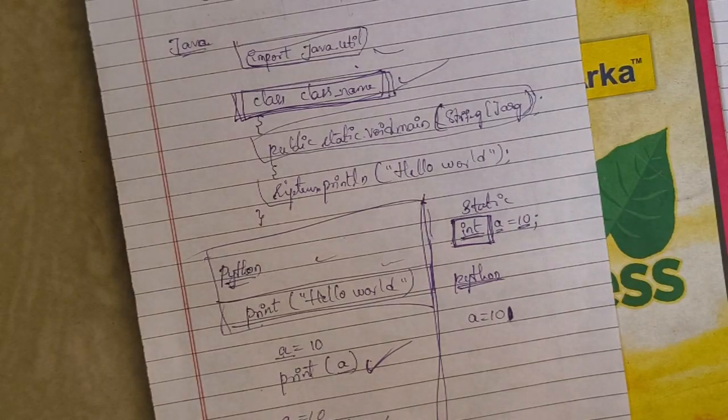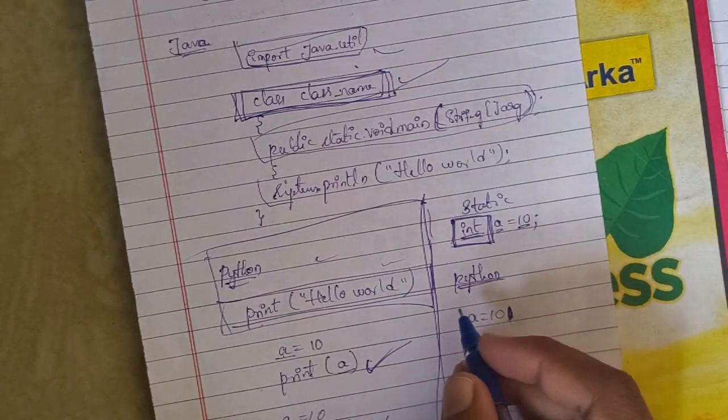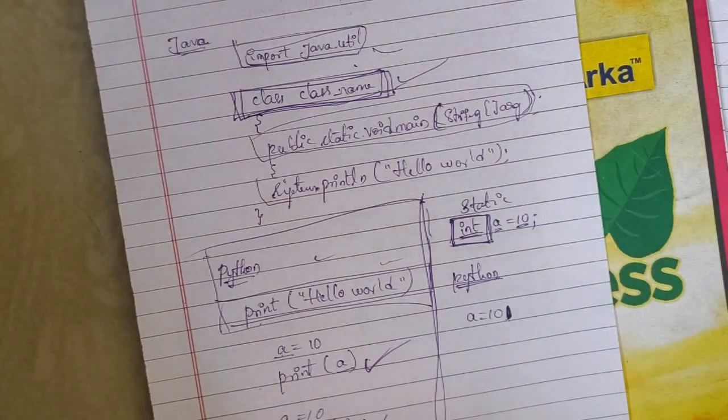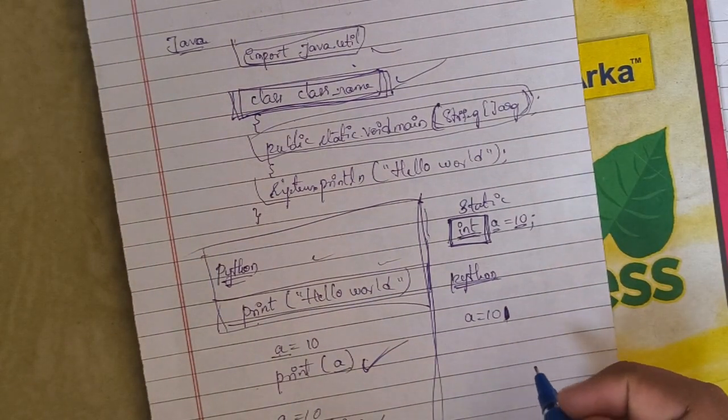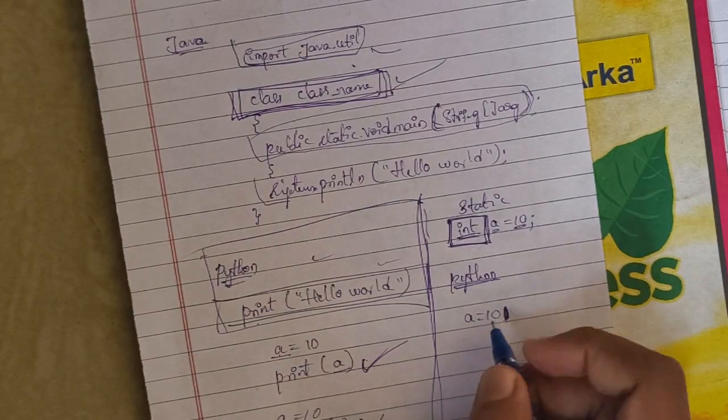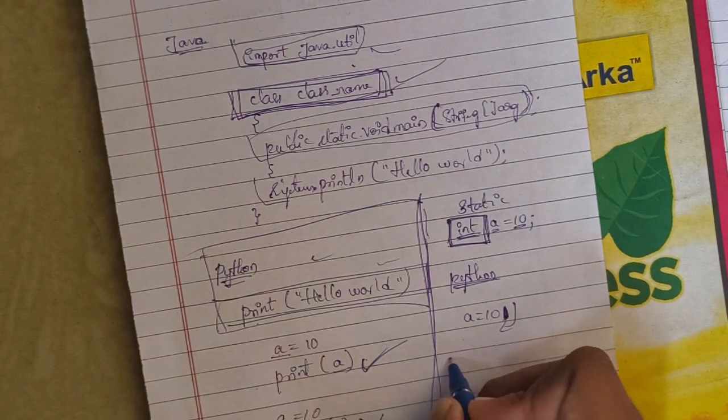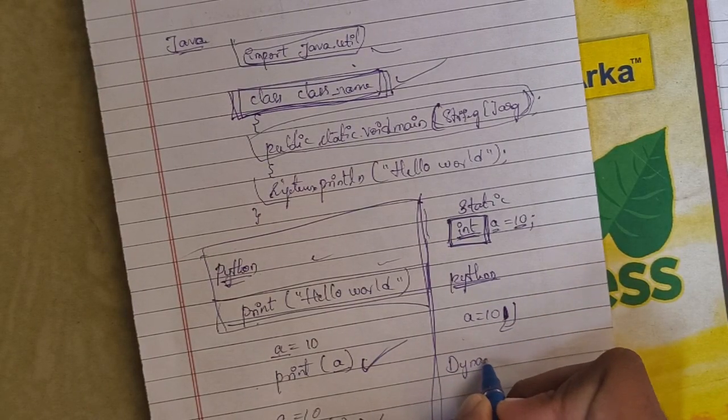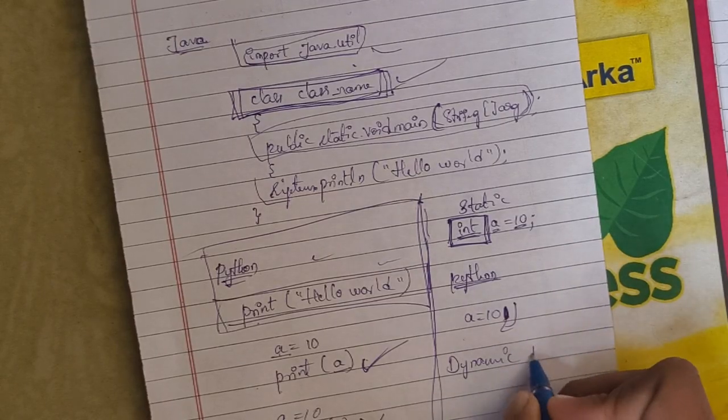It has inbuilt libraries to convert all these data types, so we don't need to mention them. That's called dynamic nature, a dynamic programming language.